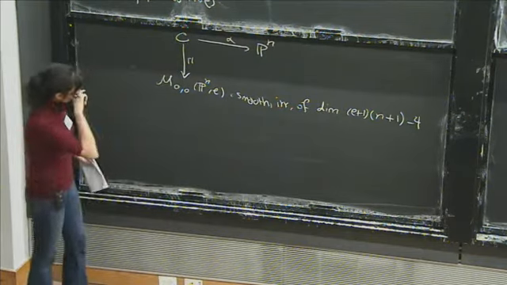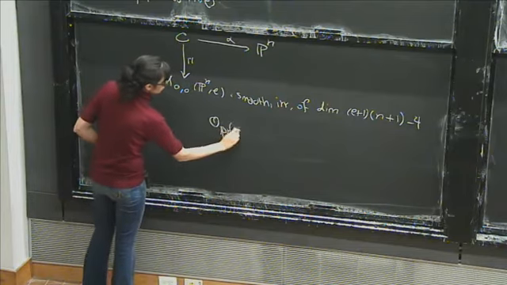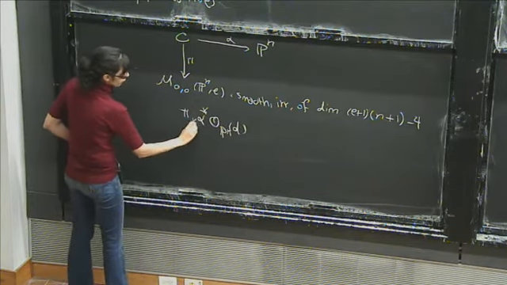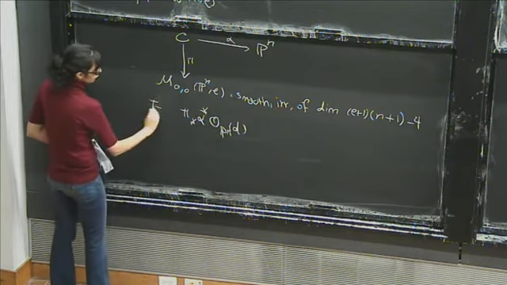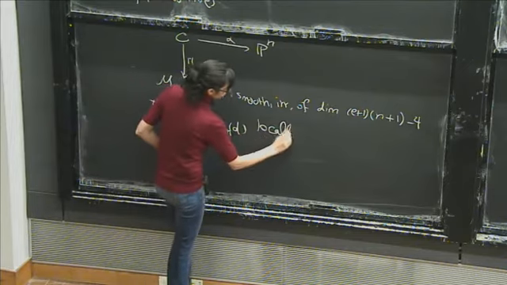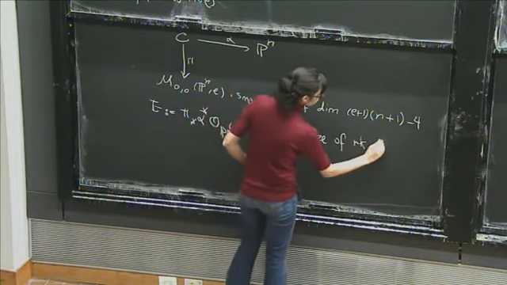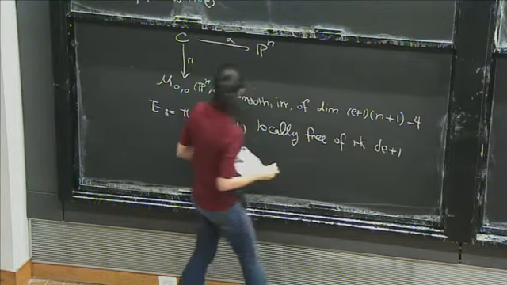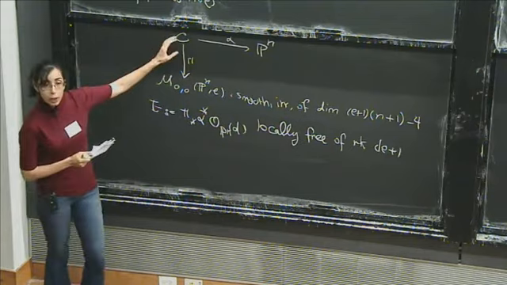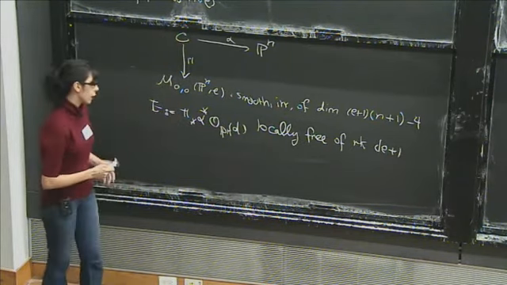And now if I pull back and push forward O_{P^n}(d), I get a locally free sheaf here of rank de+1. So this is a globally generated line bundle, and the fibers here are nodal curves of genus 0, and therefore there is no H^1. So this is locally free of rank de+1.